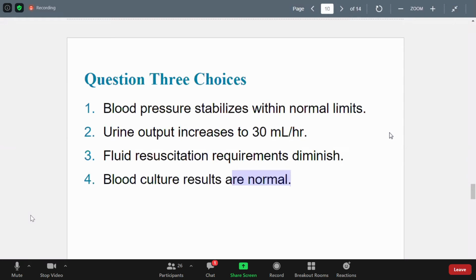That's why I had highlighted this within normal limits, because those are the things you will be looking at. Normal, 30 ml per hour, normal. You won't get a 30 ml per hour urine output even if the patient is recovering from the shock. It will take time to completely recover and go back to that 30 ml per hour limit.